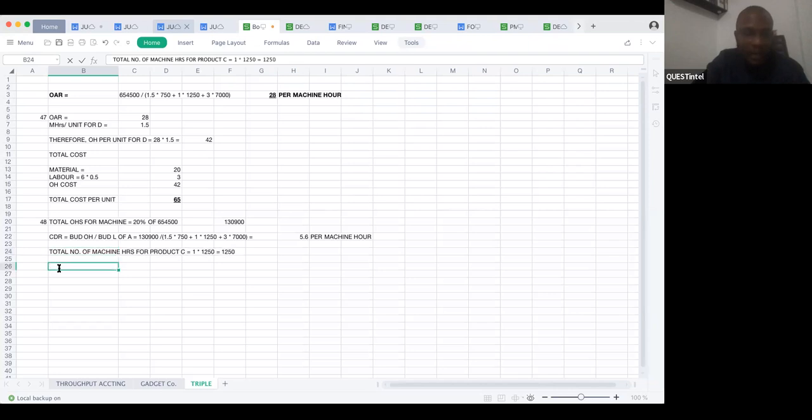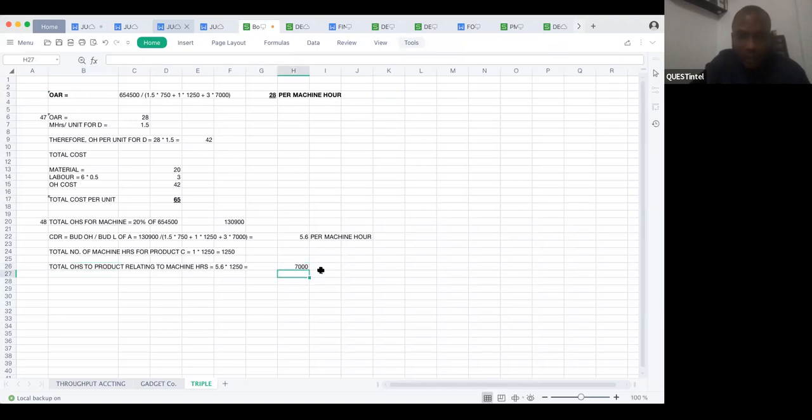So now we can get our total overheads to product C relating to machine hours, which will be equal to 5.6 multiplied, so our overhead absorption rate multiplied by the total machine hours. The only thing I think I've done is made it quite long, so 7,000 machine hours.